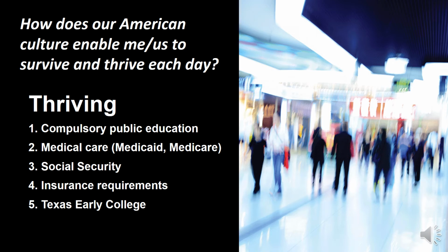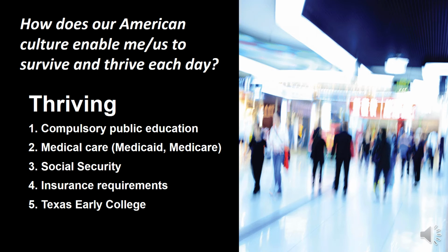You may not be familiar with the last example, Texas Early College. Texas discovered a long time ago that our population was shifting and changing, and the population in Texas was predominantly, and is right now predominantly, Hispanic population, and the predominant Hispanic population did not have careers but had jobs.